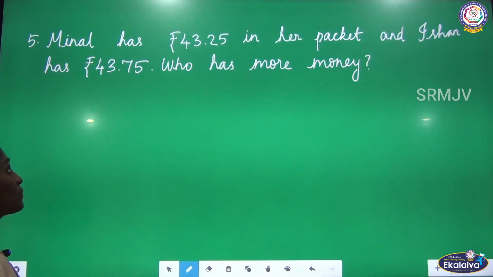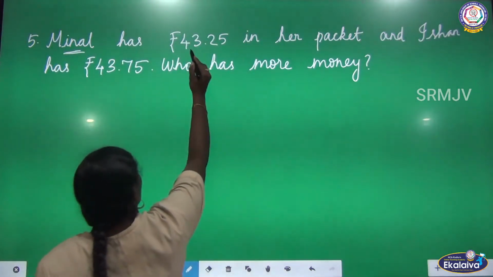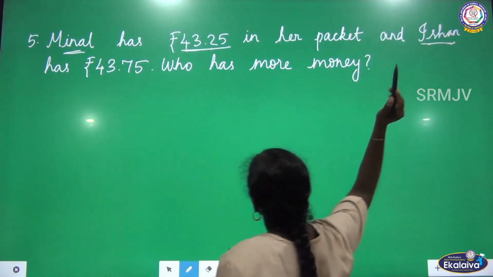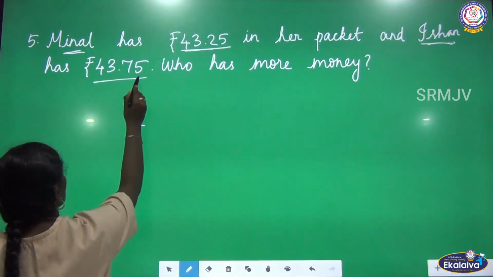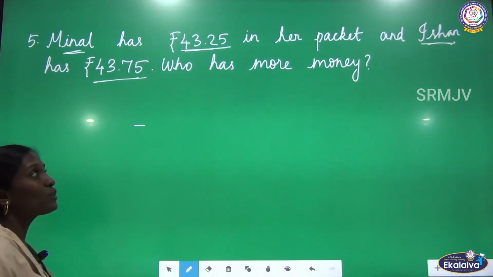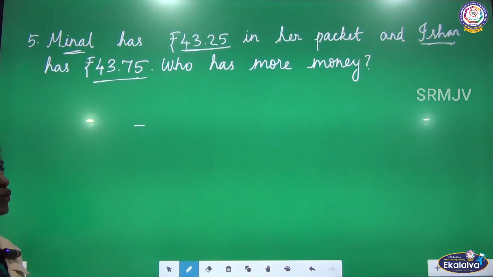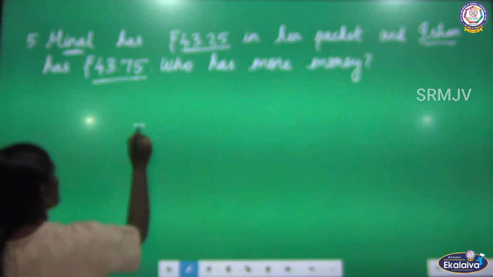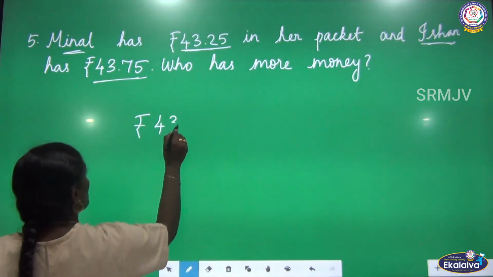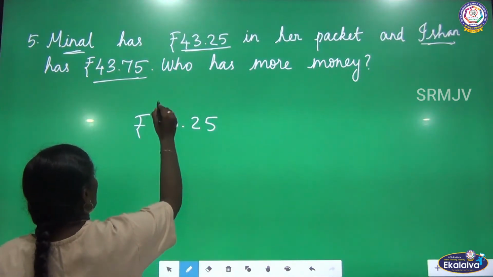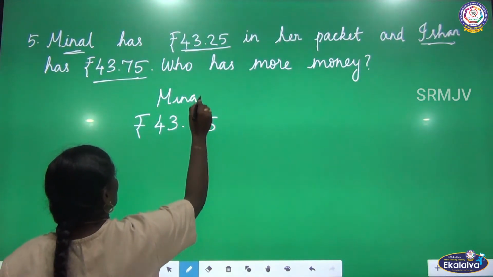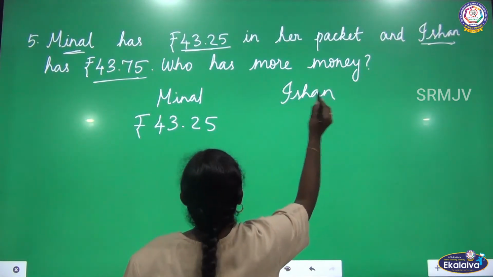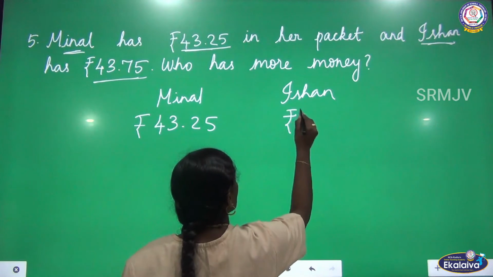Who has more money? Minal has rupees 43.25. Ishan has rupees 43.75. Now we are going to find out who has more money. For that we have to compare these two. Minal has rupees 43.25. And Ishan has rupees 43.75.